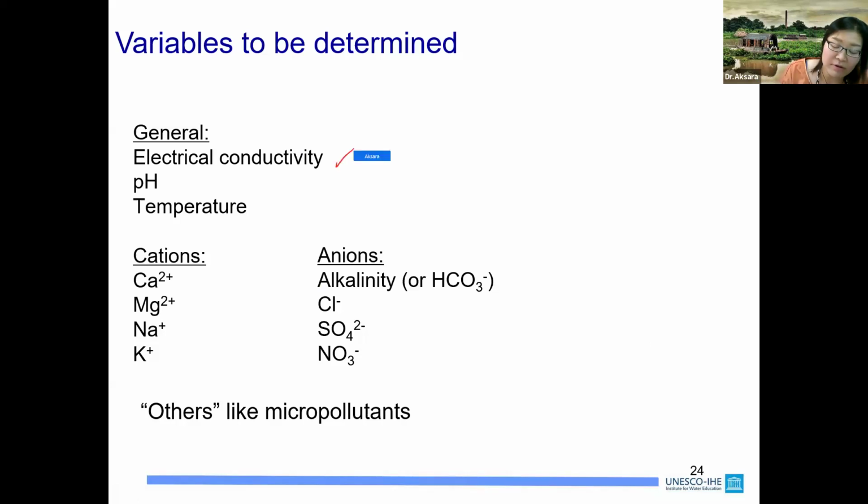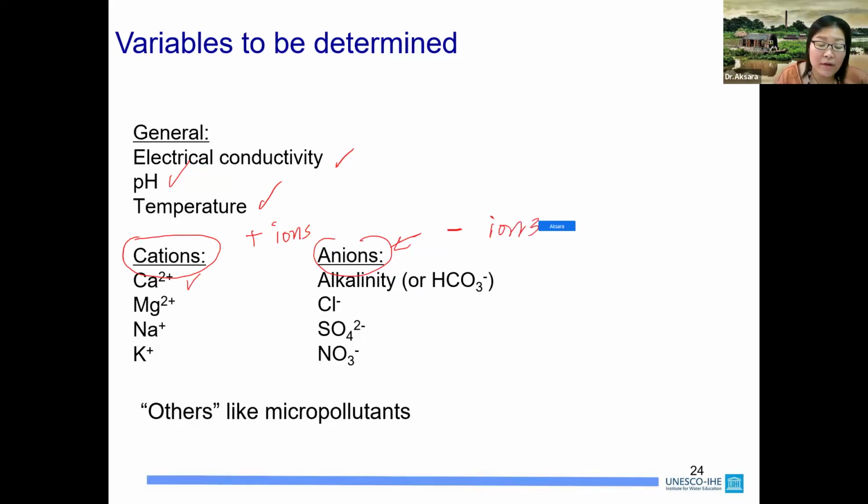So we measure electrical conductivity, we measure the pH, and we measure the temperature of the groundwater samples. And we also analyze for cations. And this one, I think you already know, cation means positive ions. Okay, and anion is negative ions.